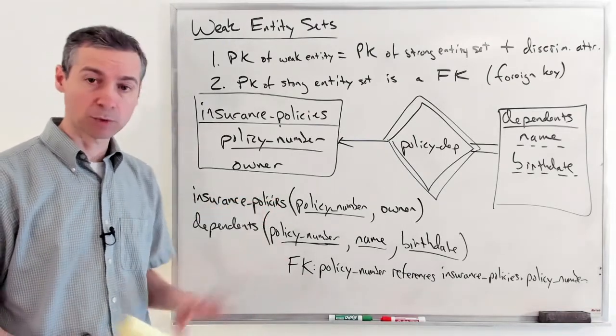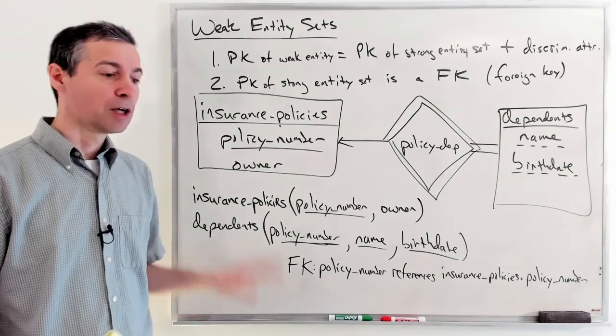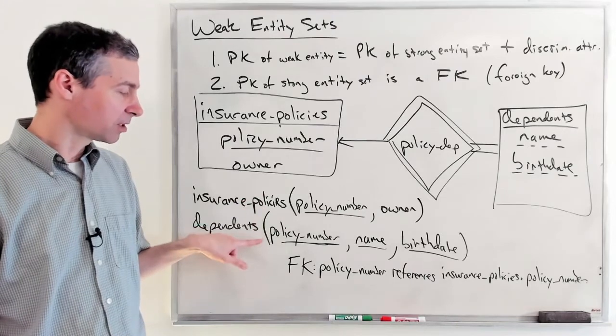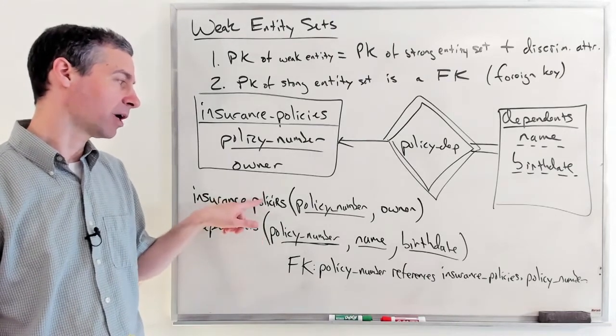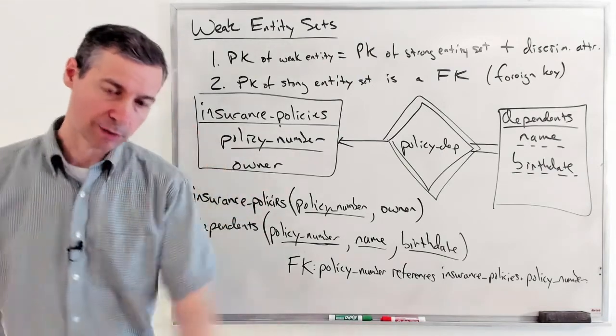Now the foreign key constraint would prevent that. But by putting the on delete cascade there, we don't have to first delete the dependents and then delete the policy. We can just delete the policy and then the dependents get wiped out as well.